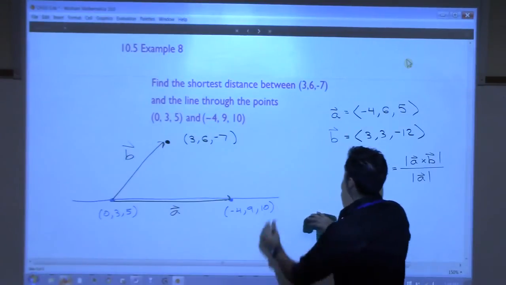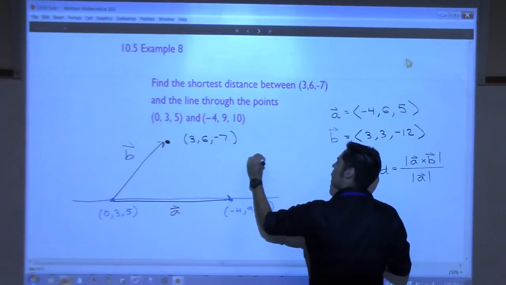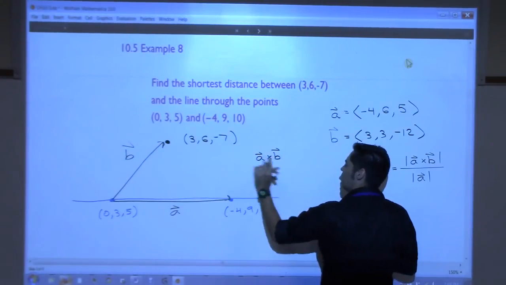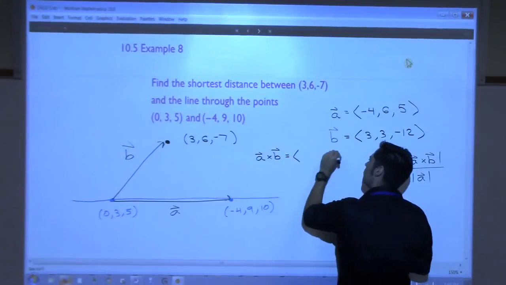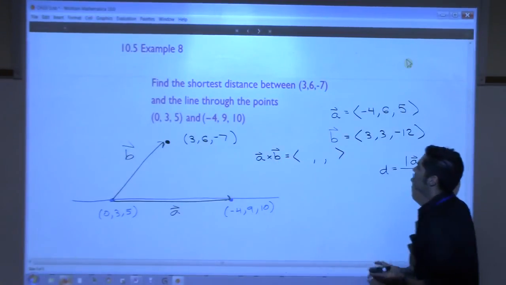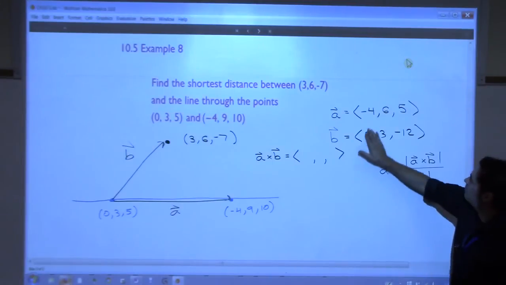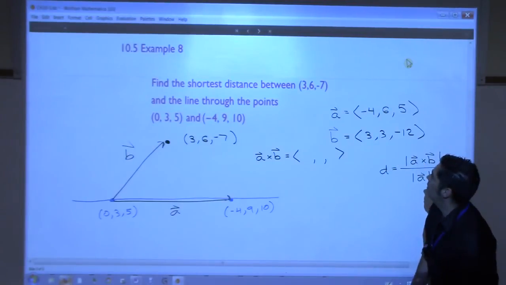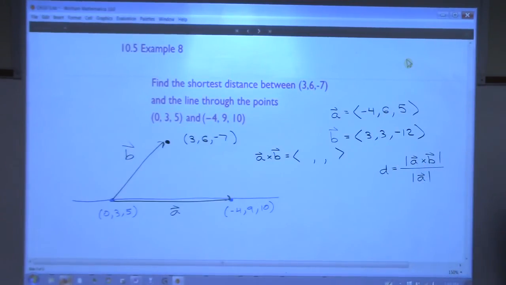A cross B, I'll do it right here. A cross B, I'll do the magnitude in a minute, is a vector. What's the vector? So we have to do the cross product. I think we'll need a calculator for this.